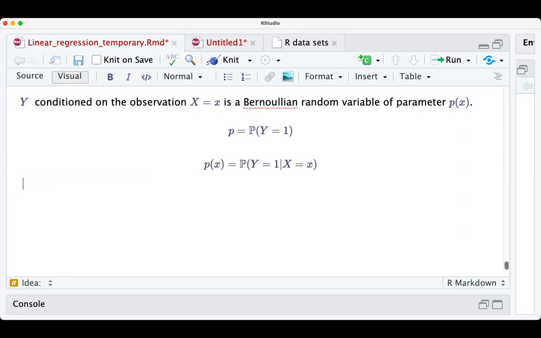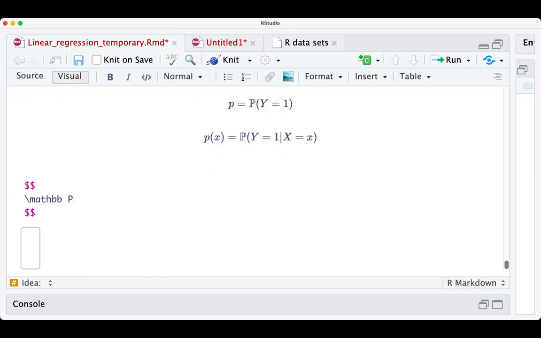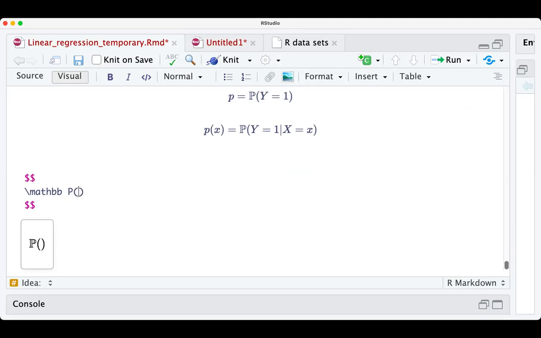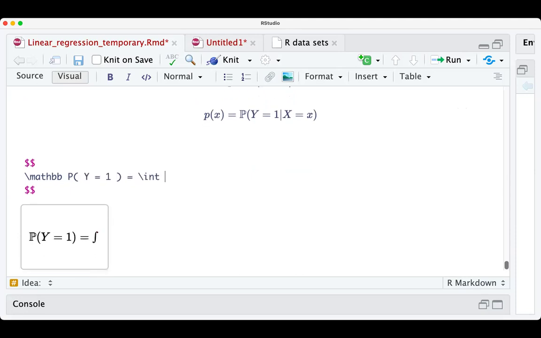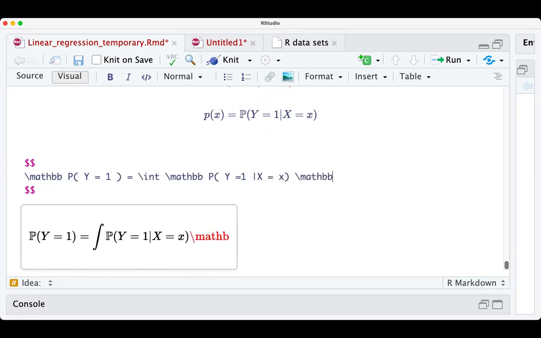So the relation between these two, maybe I can write the relation between p and p of x. By the total probability formula, the probability that y is equal to 1 is equal to the integral of the probability that y is equal to 1 given x is equal to x, times the probability that x is equal to x.